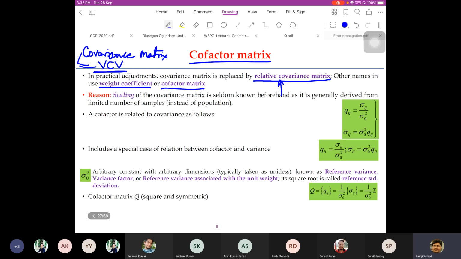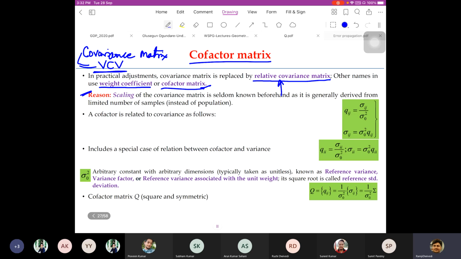So it is a relative covariance matrix, with respect to the original, so-called variance covariance matrix. It is also known as weight coefficient matrix. Please remember, it is not the weight matrix I'm talking about. We'll discuss the weight matrix later, but it is the weight coefficient matrix. Obviously, another name is cofactor matrix.